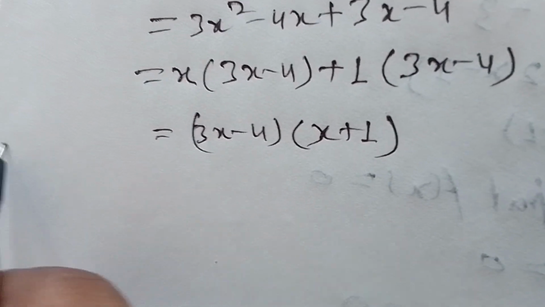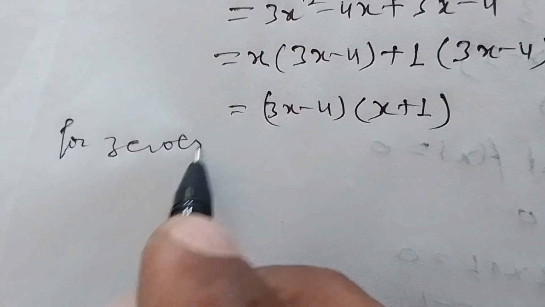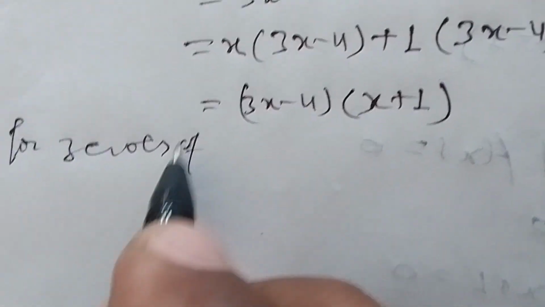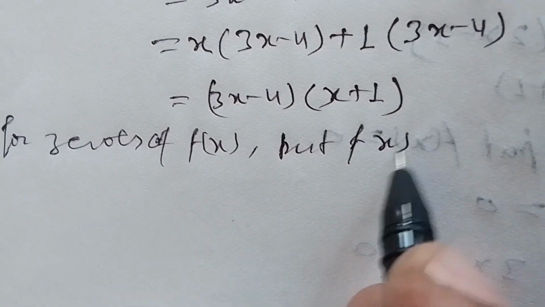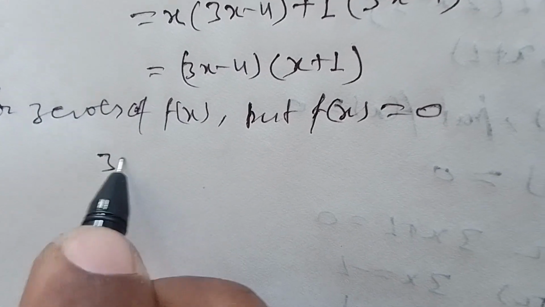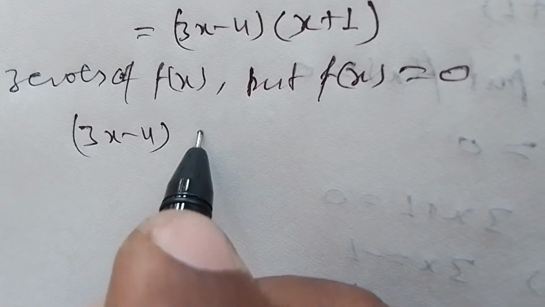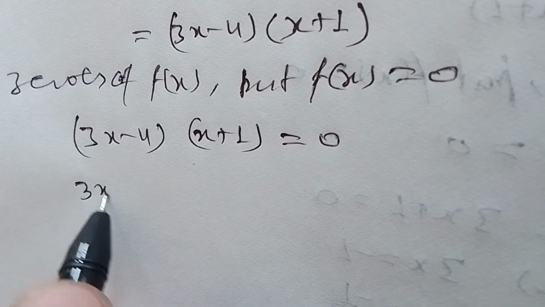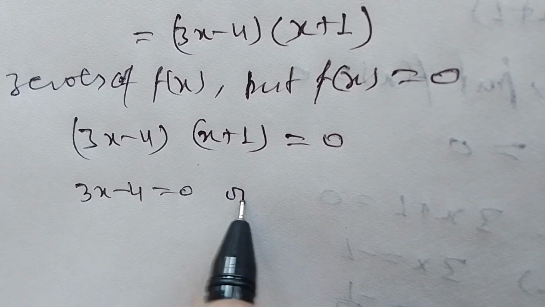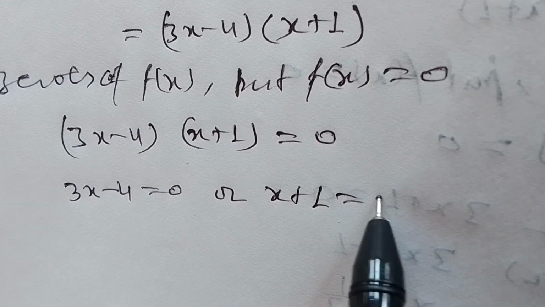Now for the zeros of function f(x), put function f(x) equal to 0. So (3x minus 4)(x plus 1) comes out to be 0, so 3x minus 4 is equal to 0, or x plus 1 is equal to 0.